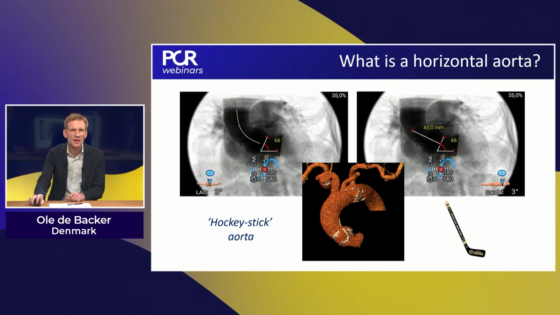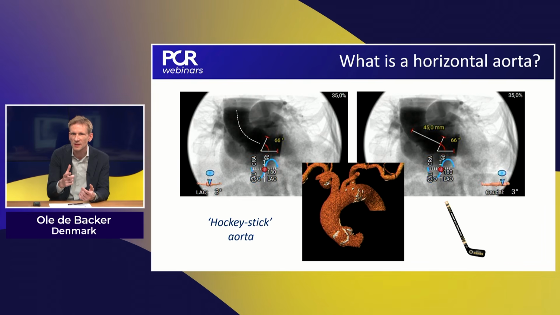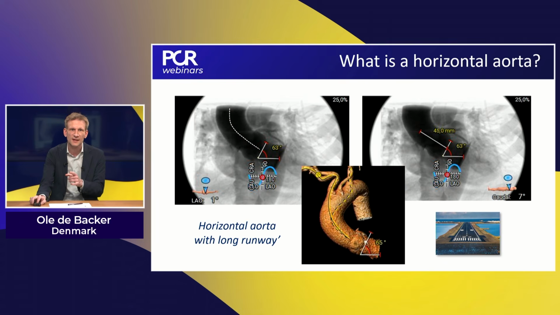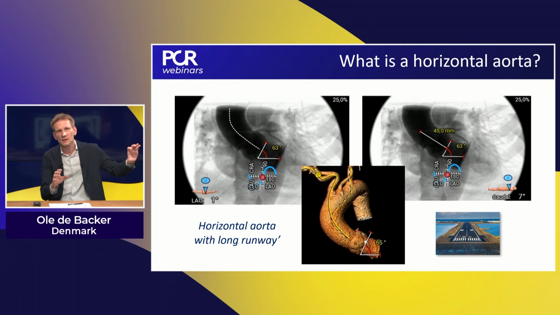To me, this anatomy may be challenging, especially with self-expanding technology, which is maybe a little bit stiffer, maybe Evolut or VitaFlow. That may not be my first choice, because you would come from the inner curvature and have a hard time getting a symmetrical implantation. That's probably almost impossible. Whereas in the second case, with also the same vertical annulus plane but a long, nice runway, that's no problem for any prosthesis, I would say.